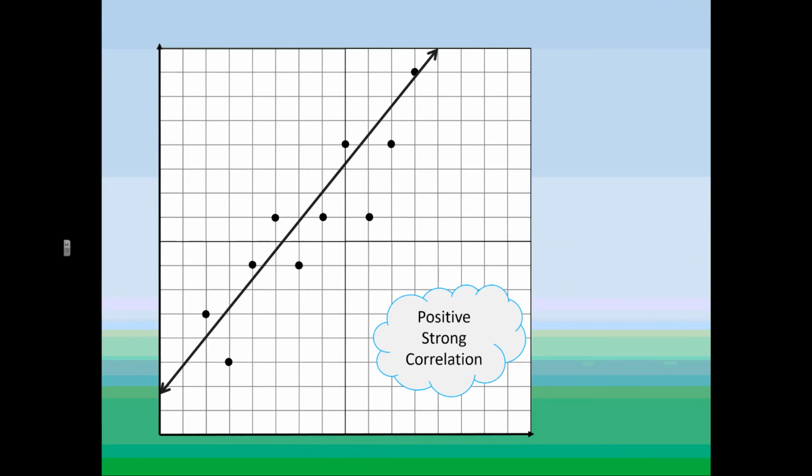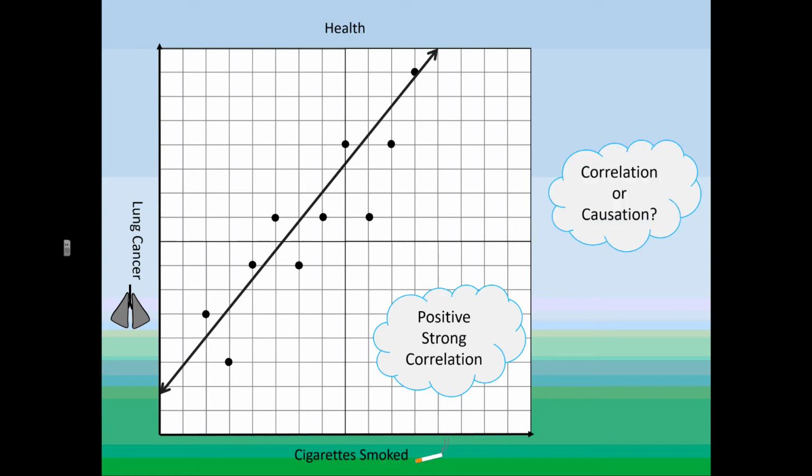Let's talk about something that is caused. So, positive strong correlation. This time we're talking about health. And we've got cigarettes smoked, and we've got lung cancer. So, the more we smoke, the more lung cancer there is. Correlation versus causation. Well, after decades of study, we have figured out it is a causation, that cigarettes cause lung cancer. Yes, everybody knew they were related.